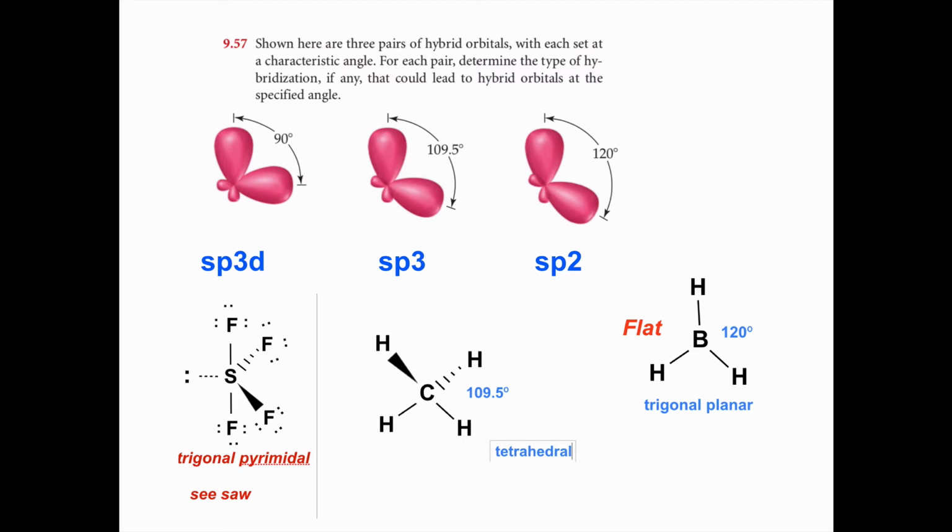They're 120 to each other, but the fluorines on the inside of the bipyramid would be 90 to the ones that are representing the points of the pyramid. So seesaw shape, T shape, trigonal bipyramidal are examples of sp3d hybridization.